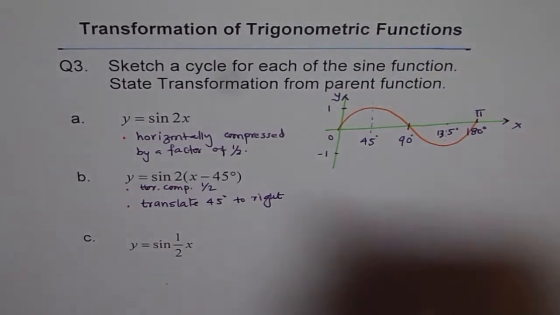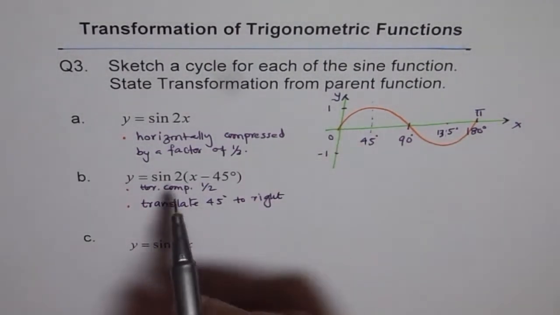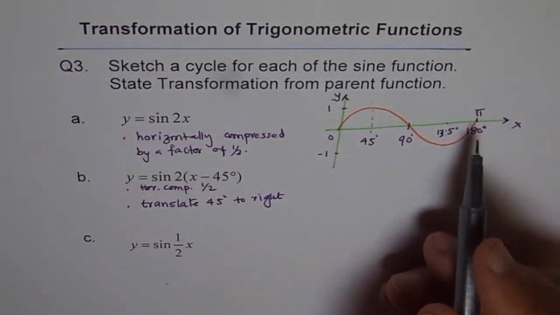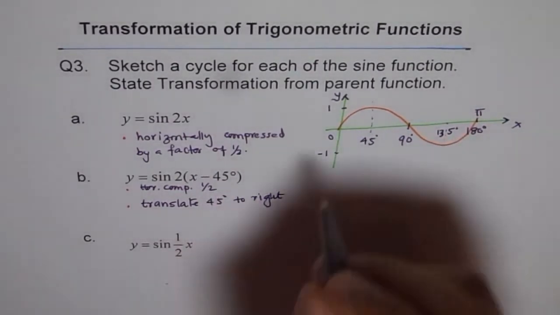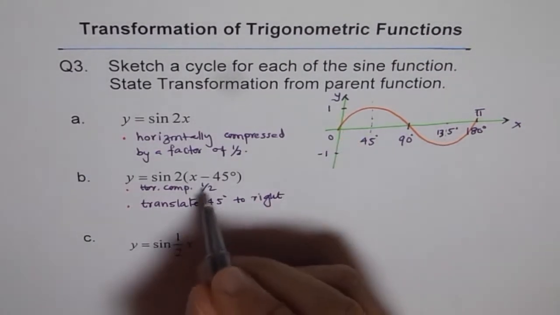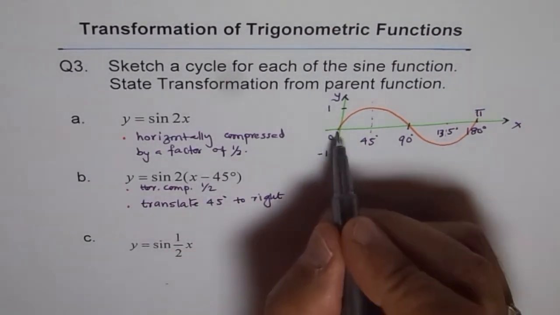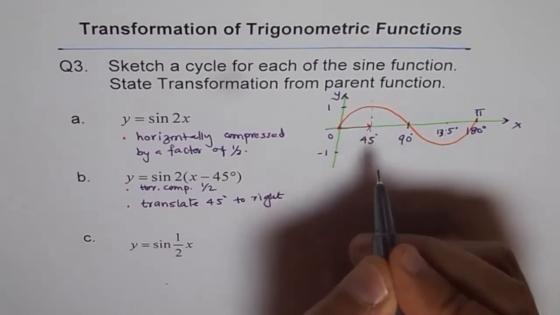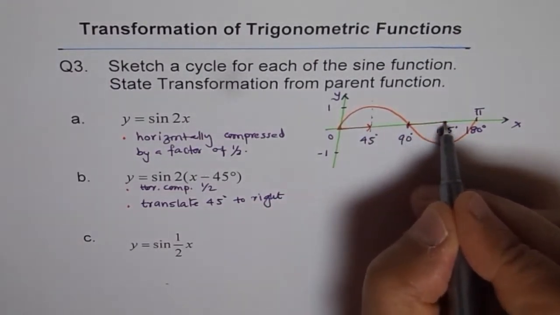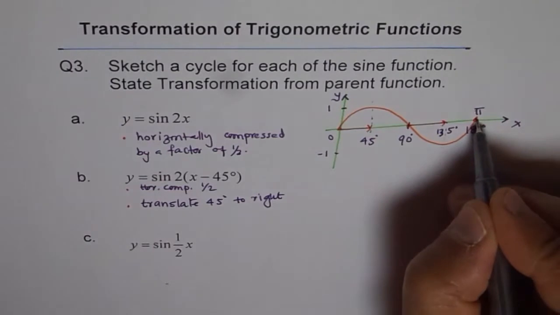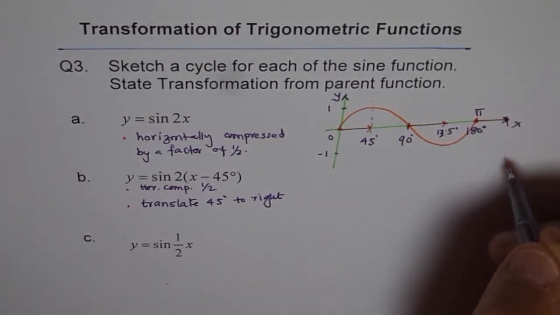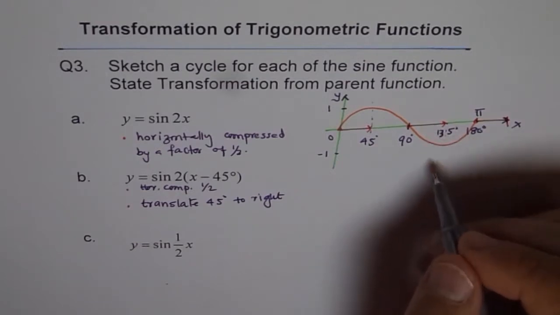That means first you draw a graph like this, that is one cycle, and second, you translate every point 45 degrees to the right. So here we have 45 degrees. We'll move this point 45 degrees here, and this point 45 degrees here, and this point 45 degrees here.